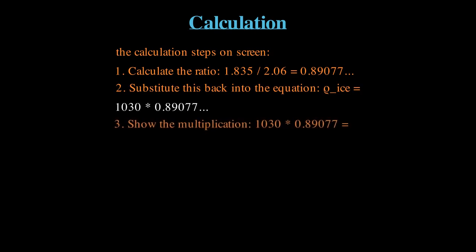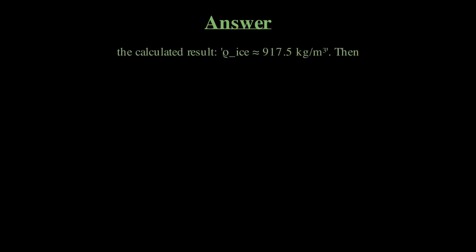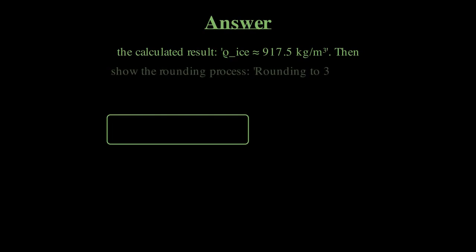This number represents the fraction of the iceberg that is submerged. Now, we multiply this fraction by the density of the seawater. So, it's 1,030 multiplied by 0.89077. Performing this multiplication gives us a result of approximately 917.5. So, our calculated value for the density of the iceberg is 917.5.